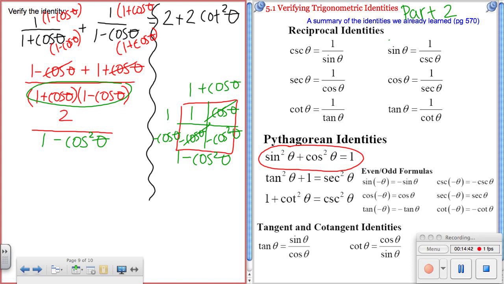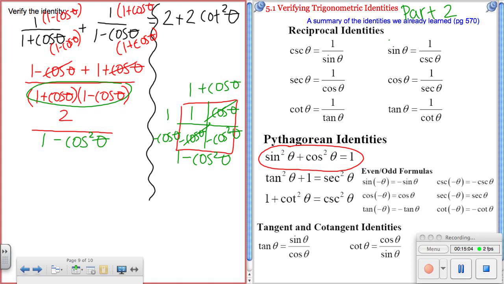I need to try to decide where to go from here. Now remember, we said we can't split up the denominator. I can't put that as 2 minus 2 over cosine squared theta. It'd be nice if I could. But I see part of our Pythagorean identities here.